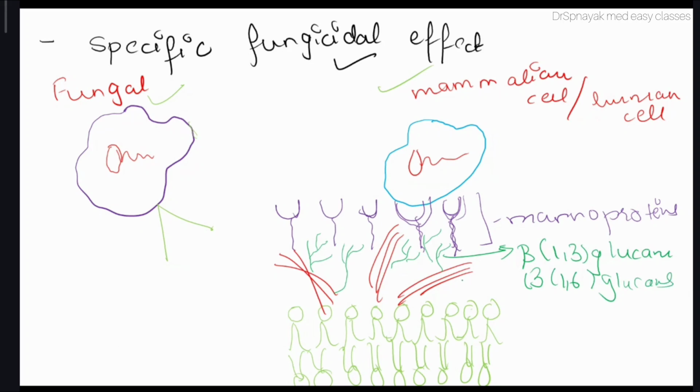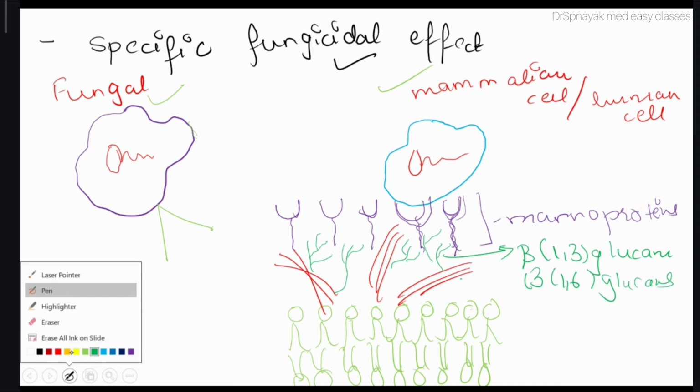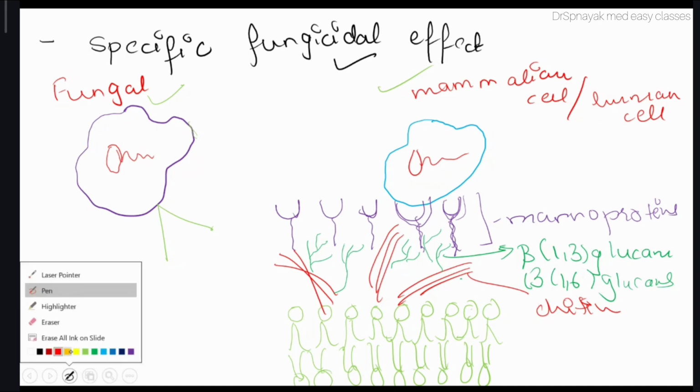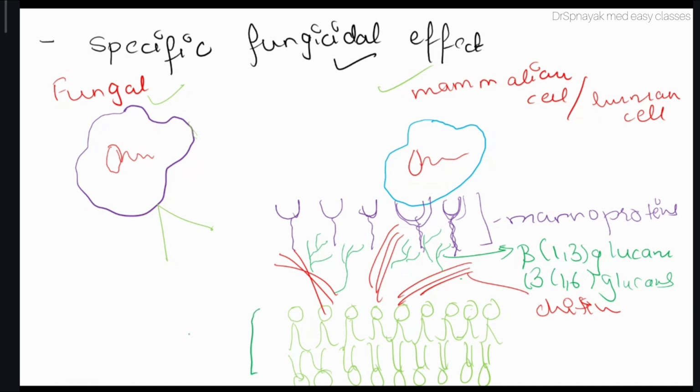These are known as chitins. This is the plasma membrane, which is composed of the phospholipid bilayer.